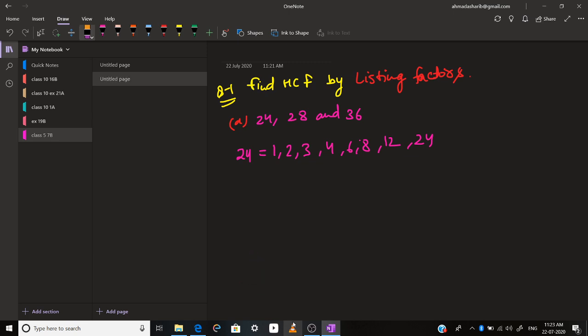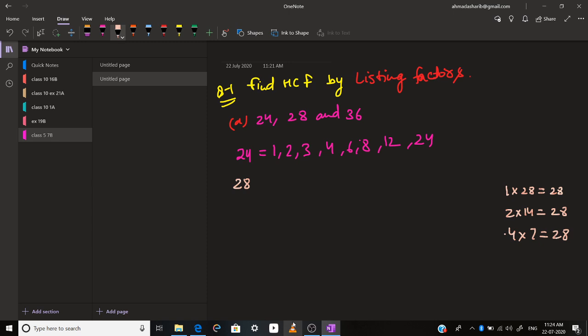Students, so now we have got the factors of 24. Now we are going to find the factors of 28. So write 28. Start with 1. 1 into 28 is equal to 28. 2 into 14 is equal to 28. In the table of 3, 28 doesn't come. So 4 into 7 is equal to 28.